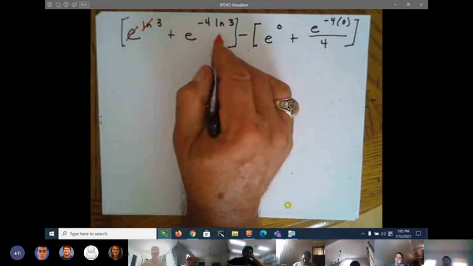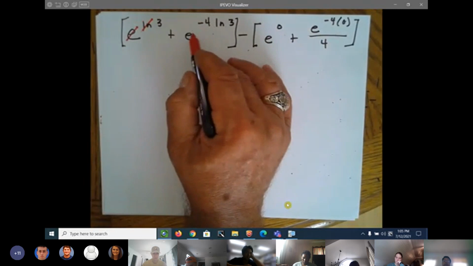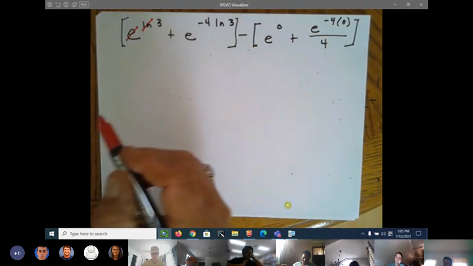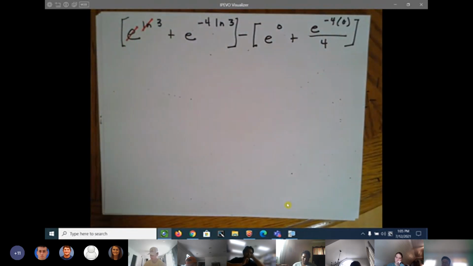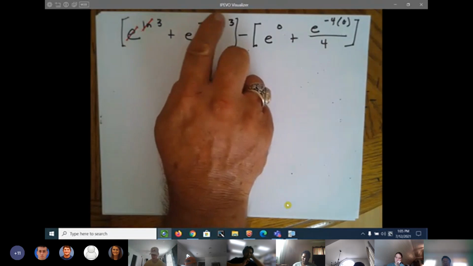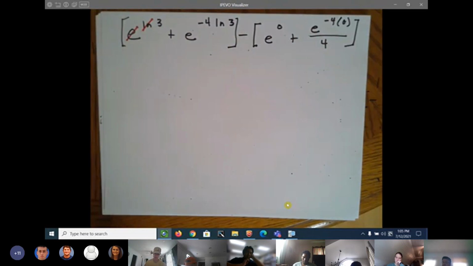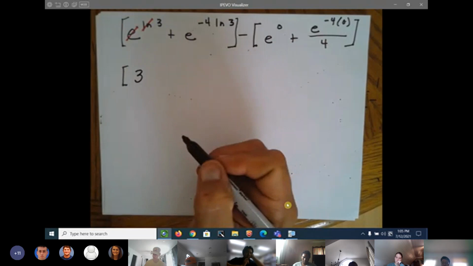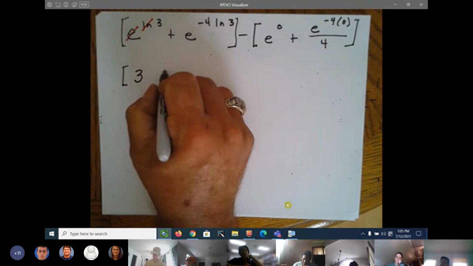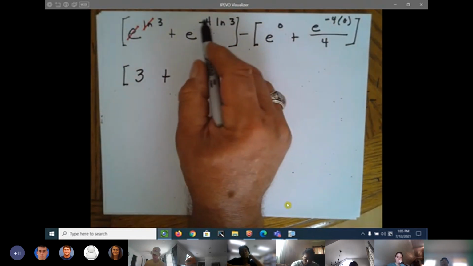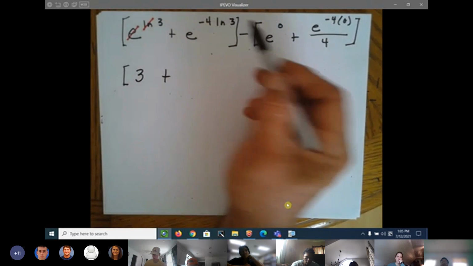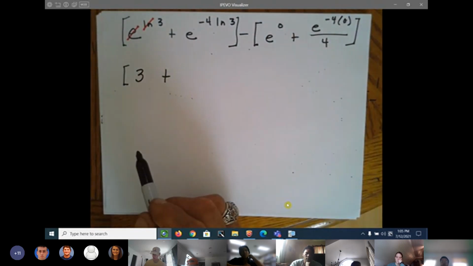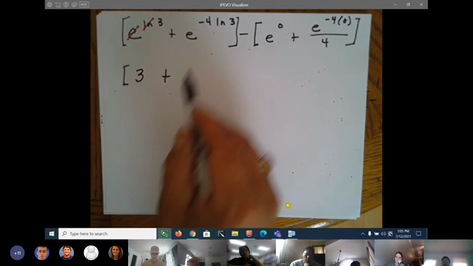I'm going to wait on this one because I got to do another law right here. So that's 3. Somebody tell me what other law I can use right here. What logarithm law can I use right here? Just focus on the negative 4 natural log of 3. What can I do there?